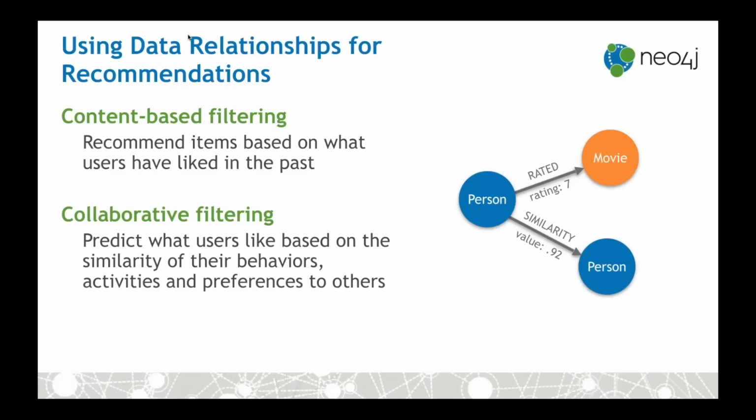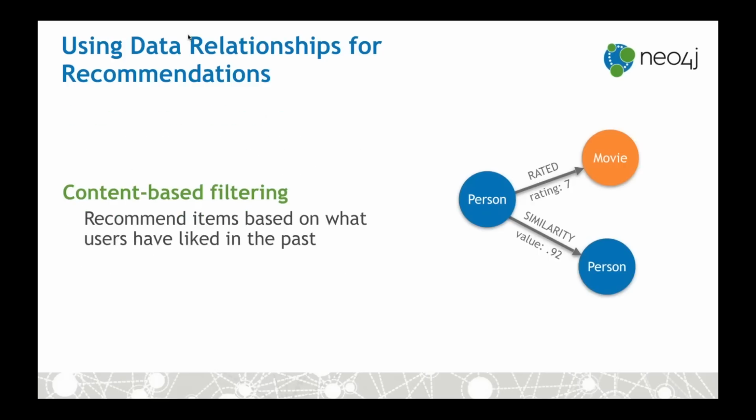The other method is collaborative filtering. So here, with collaborative filtering, we're making predictions based on finding similar users with similar tastes, looking at things that those users are interested in, and making recommendations based on that. For this example, we're just going to look at content-based filtering, so recommend items to people based on what they've liked in the past.